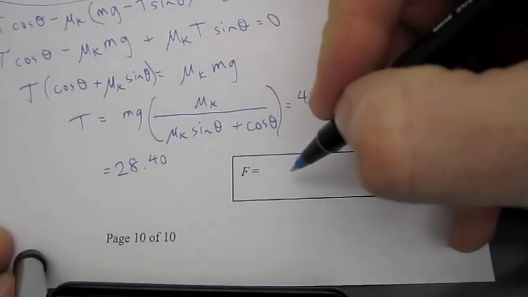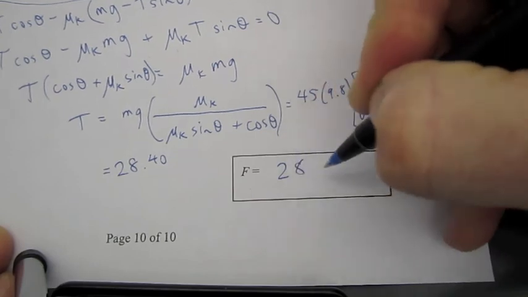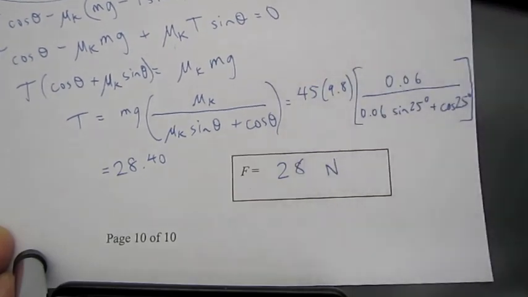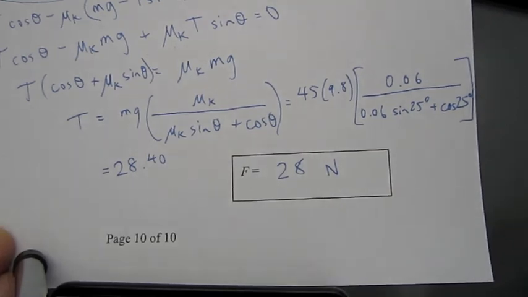So to two significant figures, that's 28 newtons. That's the tension, but that's also equal to the force that you're pulling the sled.